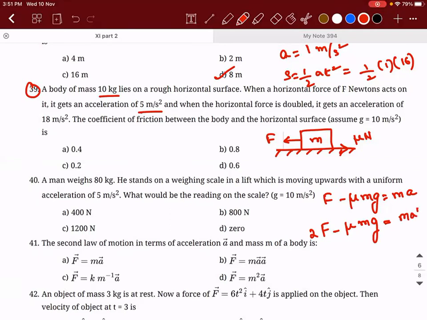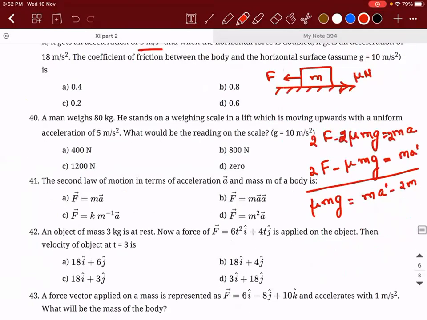Correct? So what we can do is multiply the first equation by 2 and subtract both. So you will get mu mg is equal to ma dash minus 2ma. So m will get cancelled.